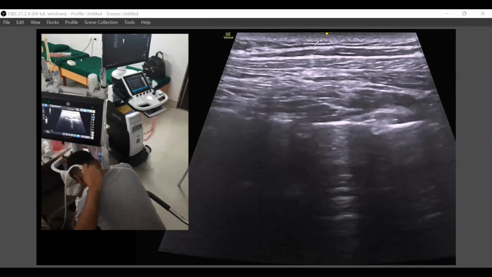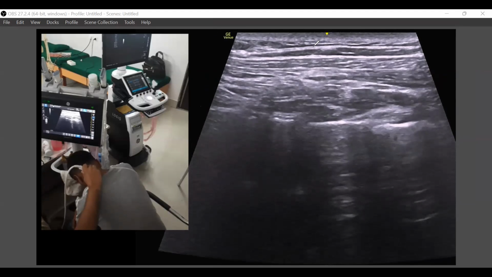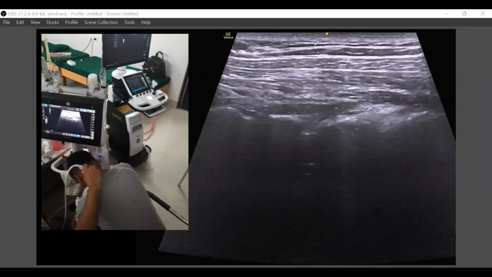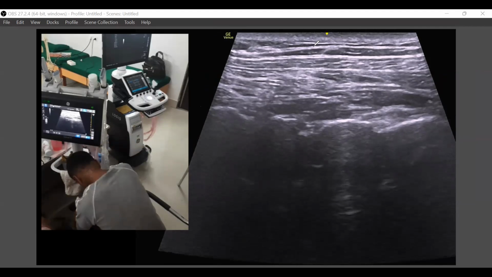So you can see the lamina and the interlaminar space as well. Okay. So what we can see here is these are the laminae.